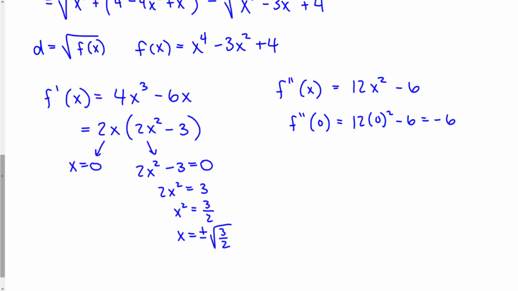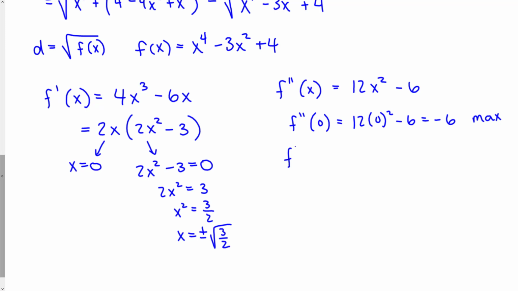So that's an interval that is concave down, and an interval that's concave down would have a relative maximum. So that's no good. That's going to make a large distance. We're trying to get a small distance here.